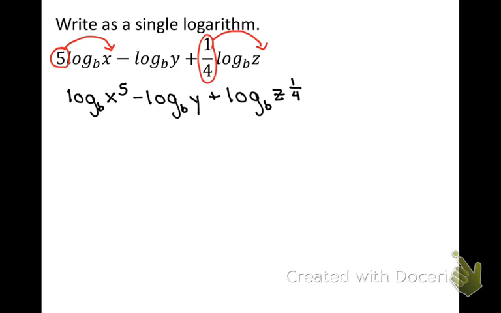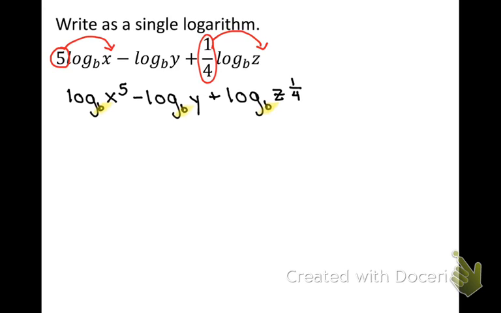Now, keep in mind, the reason I'm going to be able to combine these into a single logarithm is because they all have the same base to begin with. Now, my log base b of x to the 5th is connected to log base b of y right now by being subtracted.